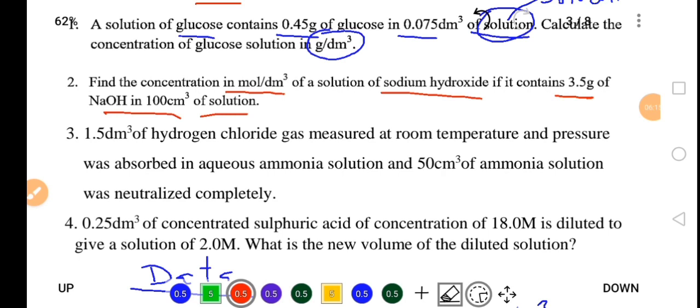The volume is giving us the solution of sodium hydroxide, meaning we want the concentration. Remember, this mass and the volume 100 will determine the concentration of sodium hydroxide.